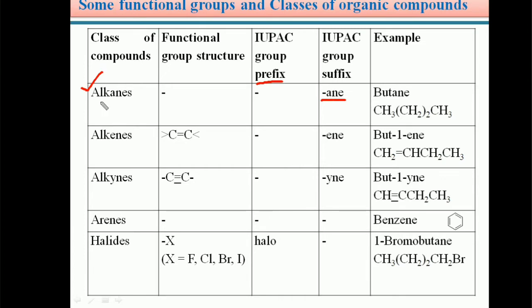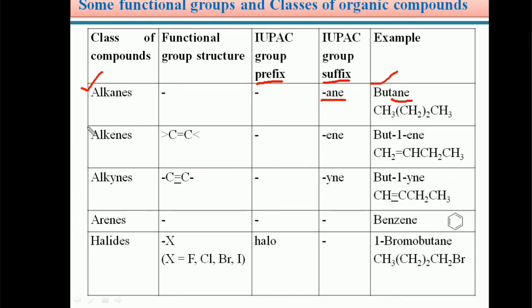So students, in the case of alkanes, the IUPAC suffix is ane, at the end of the name. Here, for example, I took butane, CH3, CH2 twice, CH3. In the suffix its name is ane. There are a total of 4 carbons in this example, hence it is called butane.